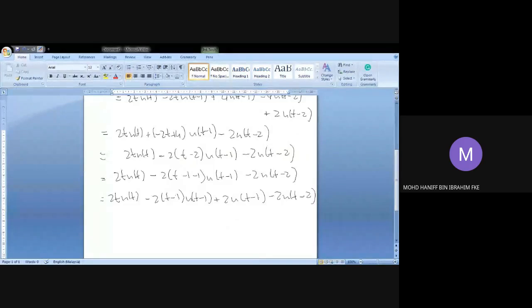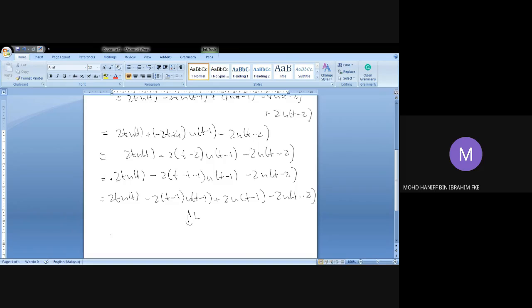From these terms here, you can now have 2 terms: the first one is negative 2t minus 1 ut minus 1, plus the second term is 2 ut minus 1, which we factor out these terms number 2 over there. Once we have this, we can simply do the Laplace transformation as requested in the question.